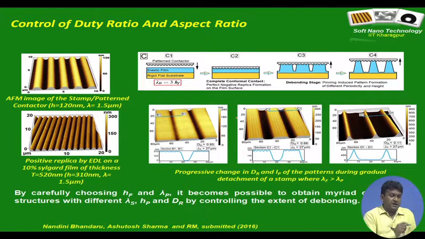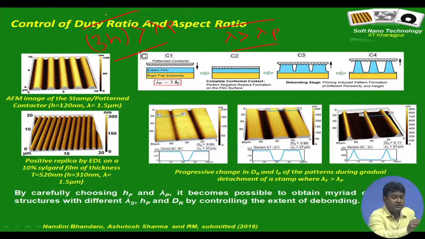Now, if there is a mismatch, if your lambda is higher than lambda_p, meaning 3 times h is greater than lambda_p, then what happens? Even in this case, the elastic instability structures rather faithfully obey their natural length scale of instability.